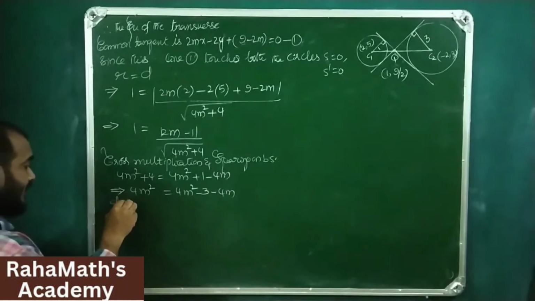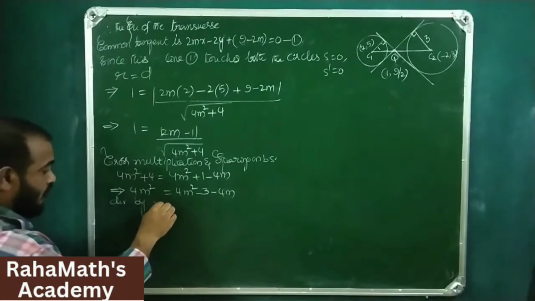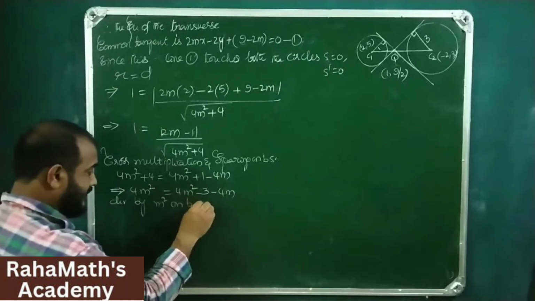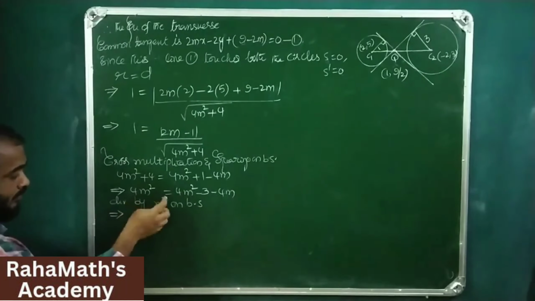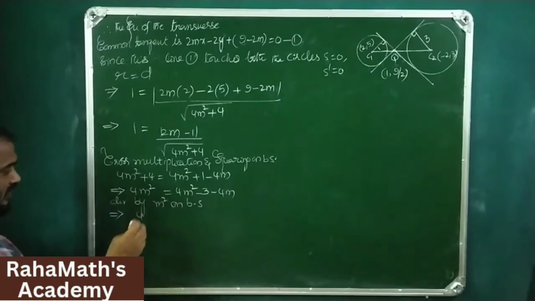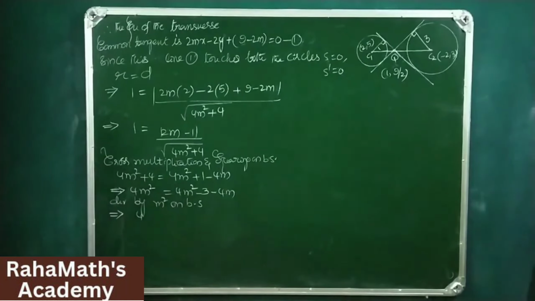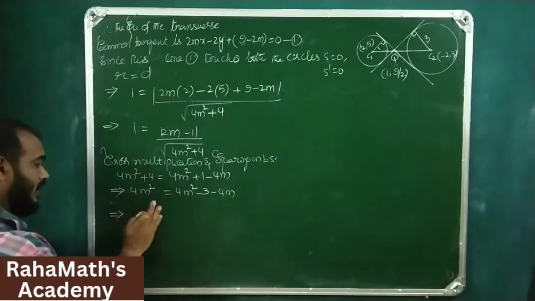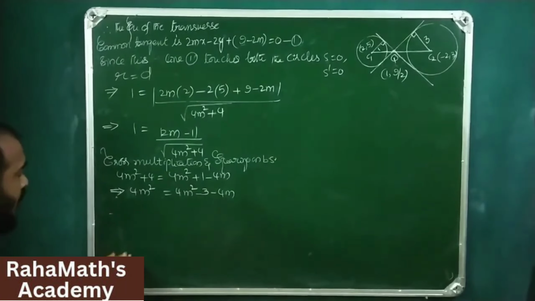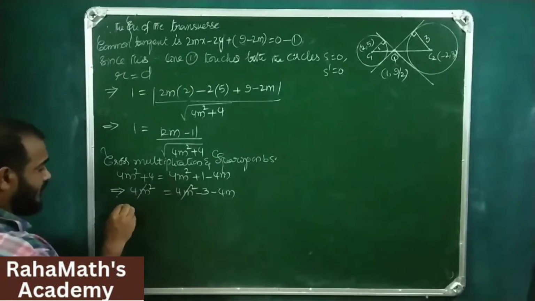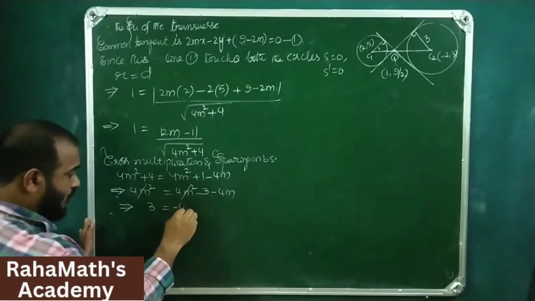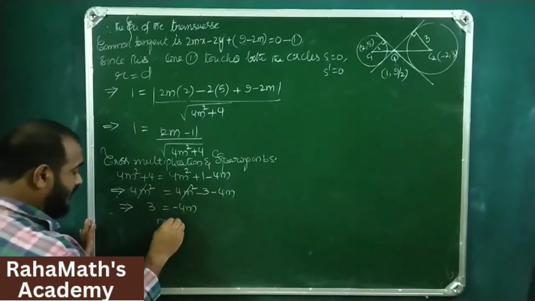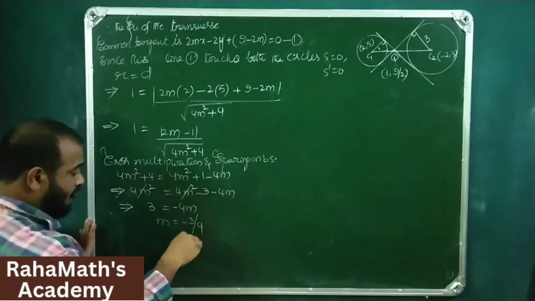So dividing by m square on both sides, the 4m square gets cancelled. So 3 is equal to minus 4m. Therefore, m is equal to minus 3 by 4.